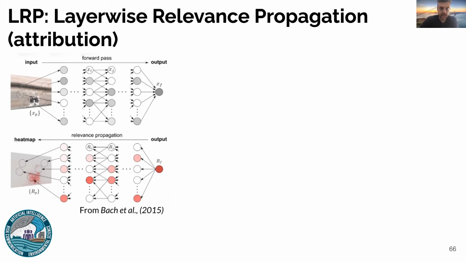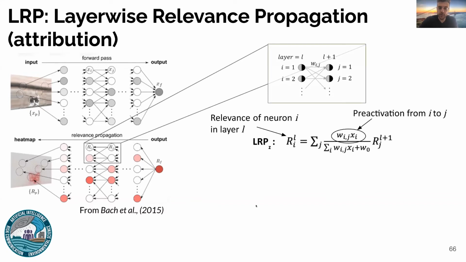If we zoom in, next slide, please. Yeah, if we zoom in on this small part of the network, we have two layers, layer L and then layer L+1, and we are interested in identifying the relevance of neuron i in layer L. One way to do it, and this is known as the LRP-z rule, is to sum all the contributions that this neuron i contributes to all the neurons in the next layer, and each contribution is estimated based on this fraction, where in the numerator we have the pre-activation, essentially the contribution from neuron i to neuron j, and at the denominator we have the summation of all these contributions from other neurons in layer L to this neuron j.